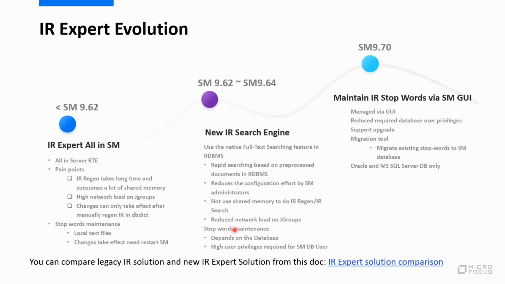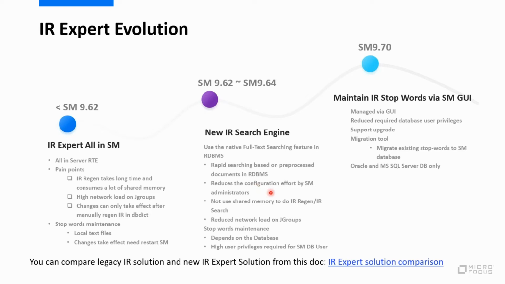Starting from 962, we use the native full text searching feature in the database to do the IR search. The native full text searching feature in the RDBMS brings us a rapid search based on a pre-processed document in the RDBMS.